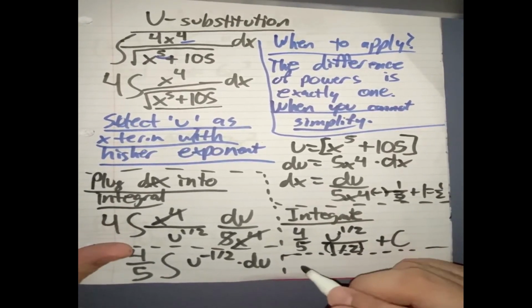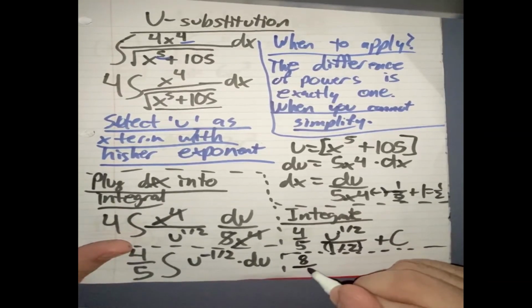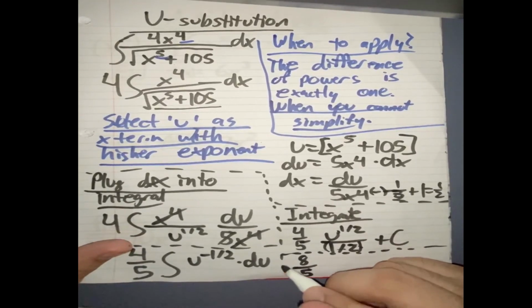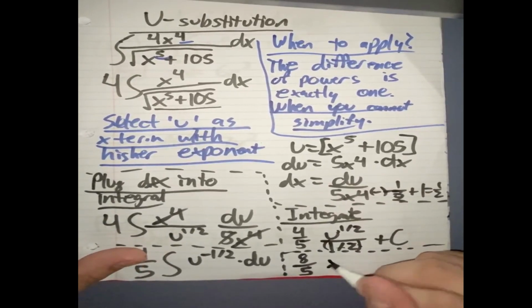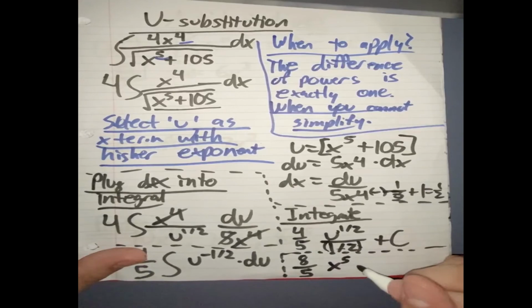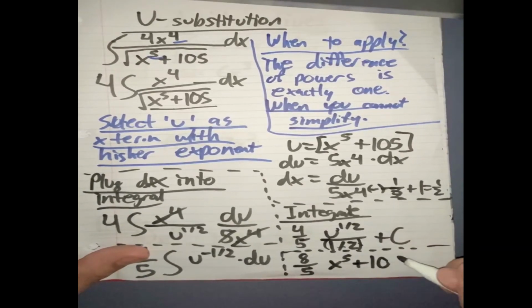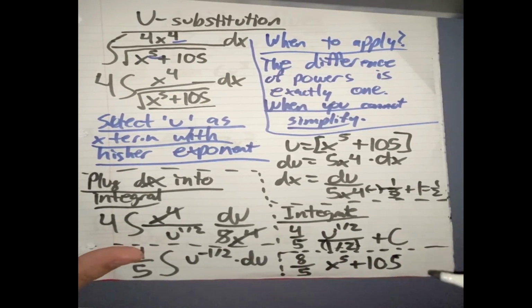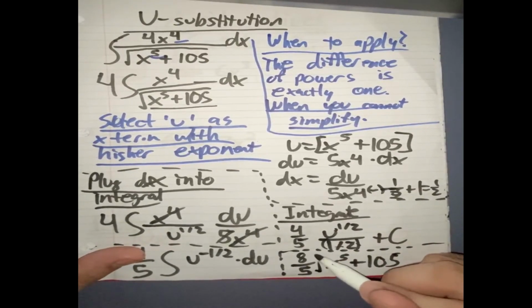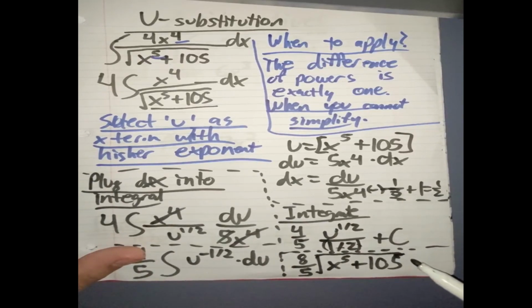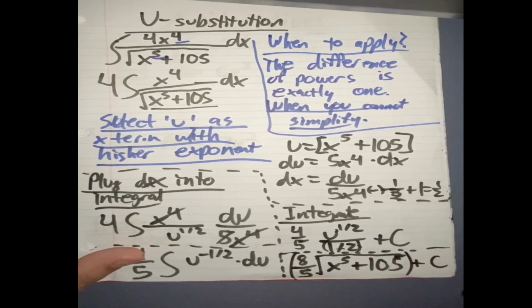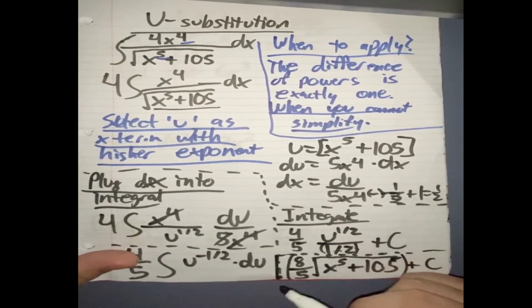So we get 8 over 5, and then our u is x to the 5th plus 105 raised to the 1/2, which is the same thing as a square root, plus c. And that's our final answer.